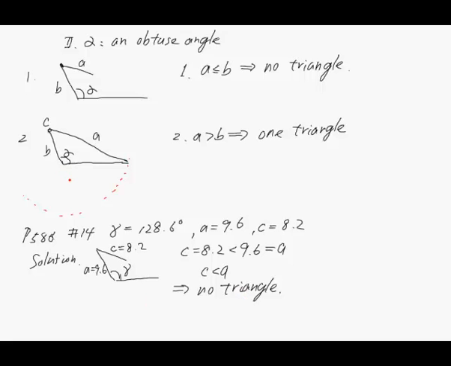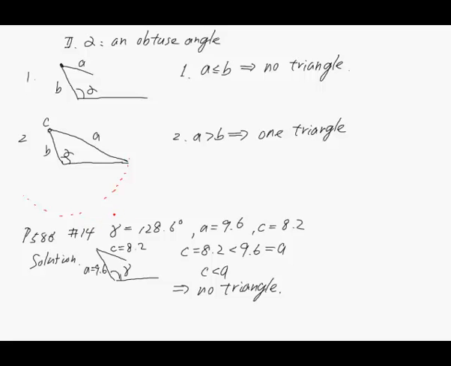So we have just seen one example with the case where you have two sides and one angle, but with no triangle, right?